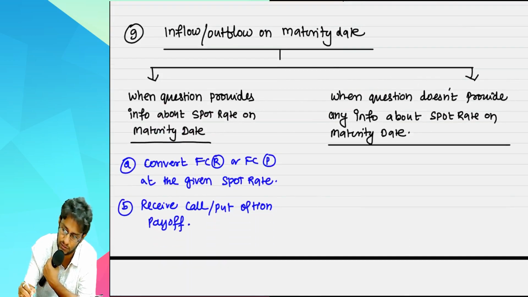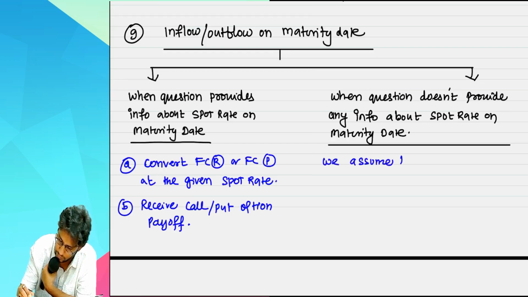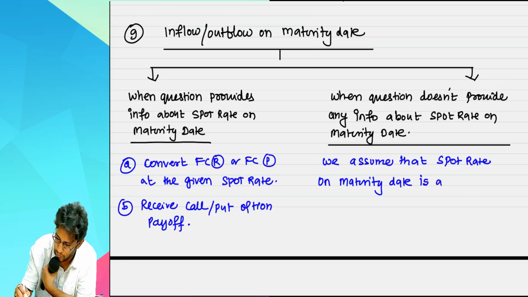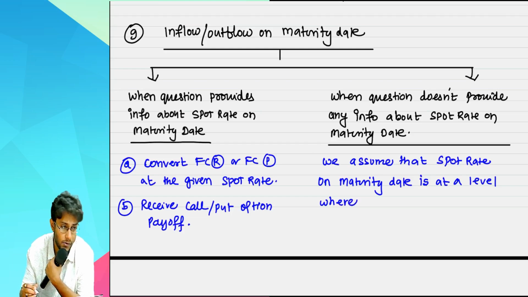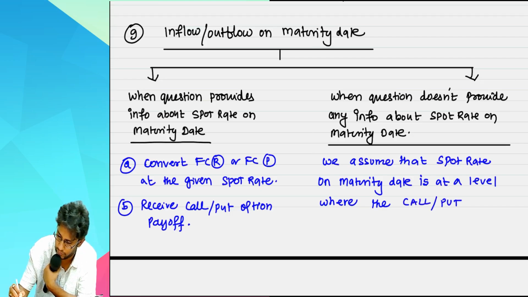Okay, write the logic first. Ideally, rule is rule. We assume that the spot rate on maturity date is at a level where the call oblique put gets exercised.